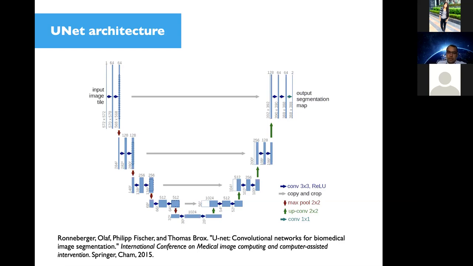So U-Net has this nice characteristic that information is flowing both horizontally and vertically. From the initial layers, you have information about the position, essentially, and then you have information about the classes from the deeper part. And that works very nicely.